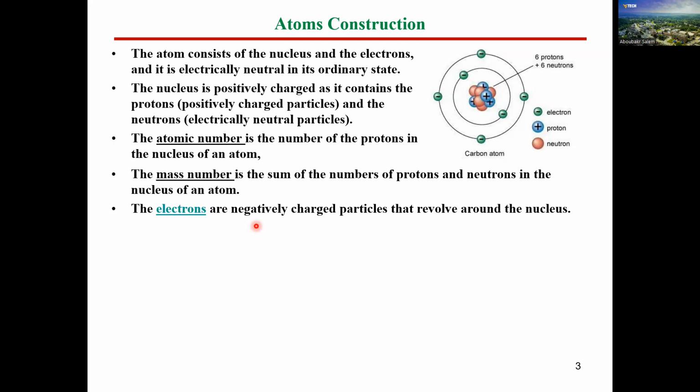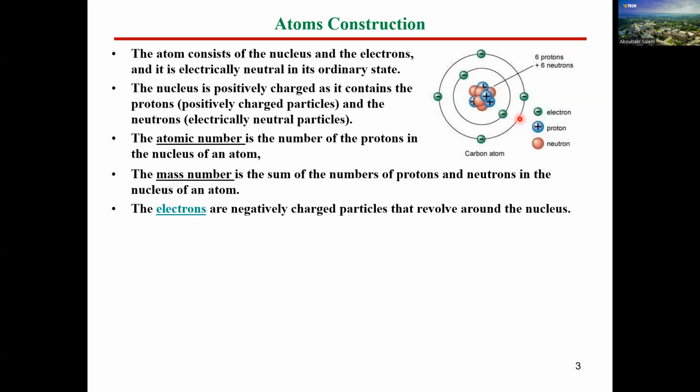What about electrons? We said that we have electrons in the outer shells, and these electrons are negative charges. The electrons are negatively charged particles that revolve around the nucleus. It's like our universe, guys.